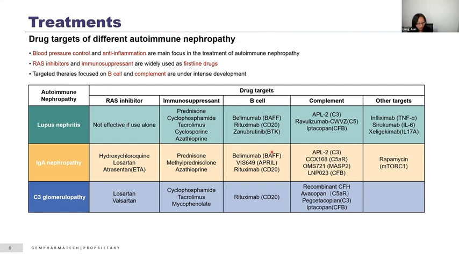We list the targeted therapies of lupus nephritis, IgAN, and also C3 glomerulopathy based on their pathogenesis in this table. The B cell targeting therapies could be used for the treatment of the three diseases, since immunocomplexes are all involved in the disease development.